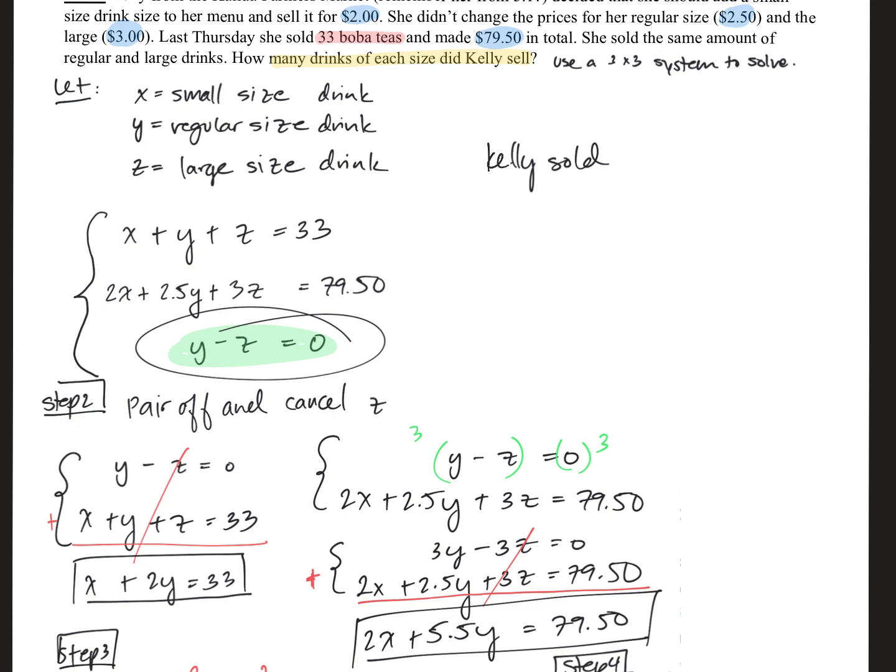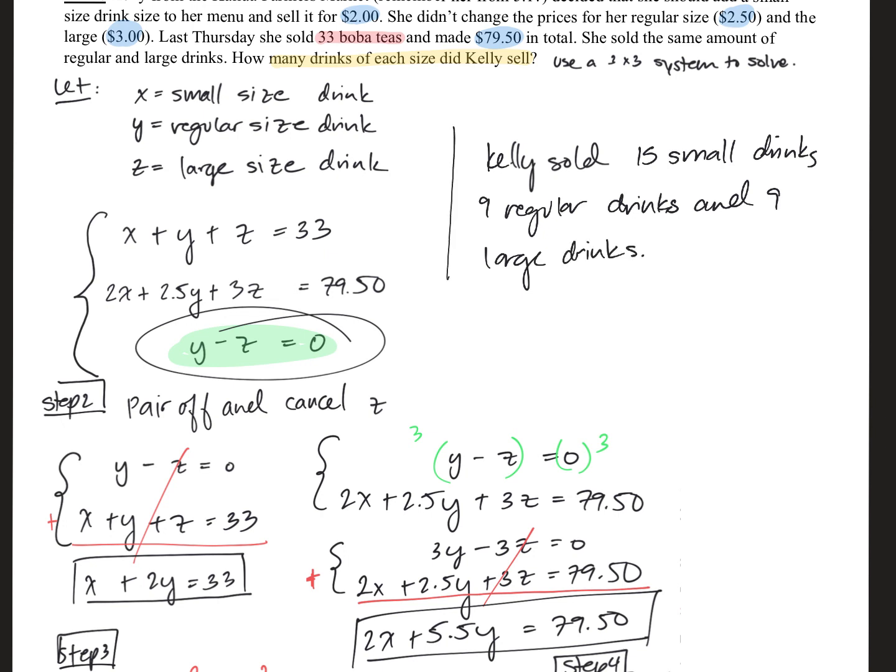So Kelly sold 15 small drinks, 9 regular, and 9 large drinks. Period. And there we go.